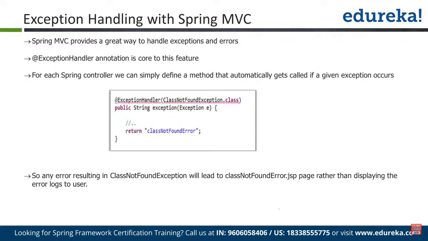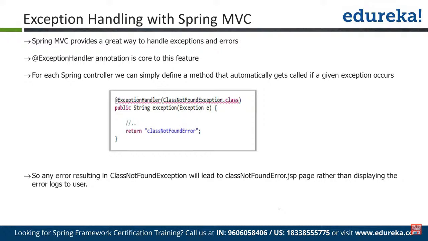In that case, this method will be invoked whenever any exception occurs in any of the methods of your class. So this method will be invoked in case of exception, and it will return the JSP which you would like. For example, if it is MyAppException, you can return myAppException.jsp, so that you can customize your exception pages depending on your exception.